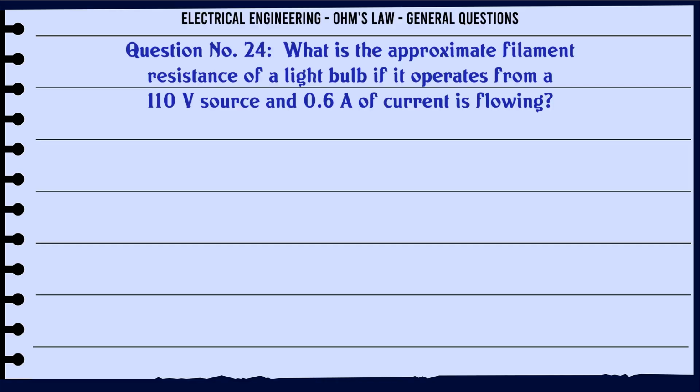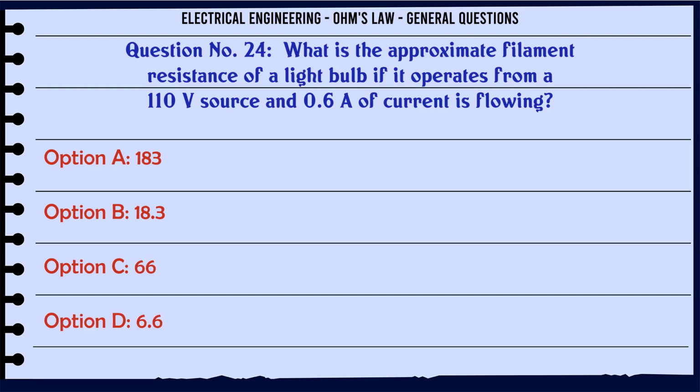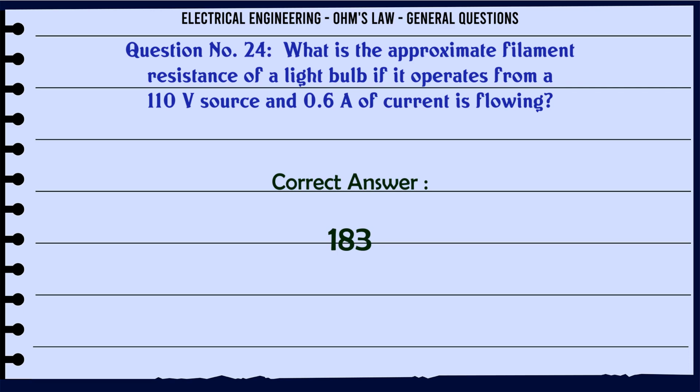What is the approximate filament resistance of a light bulb if it operates from a 110V source and 0.6A of current is flowing? A. 183, B. 18.3, C. 66, D. 6.6. The correct answer is 183.